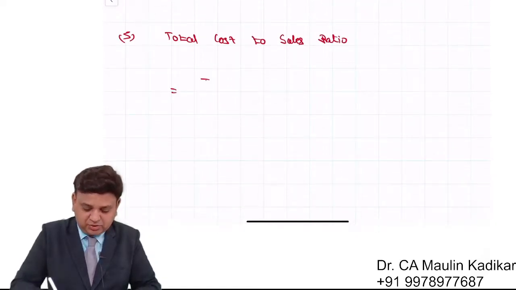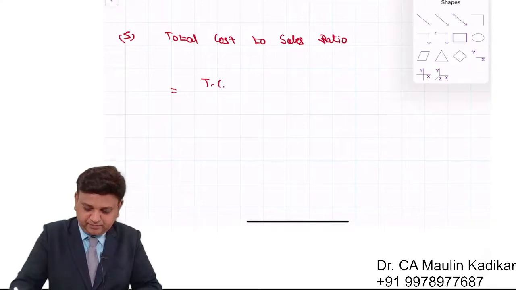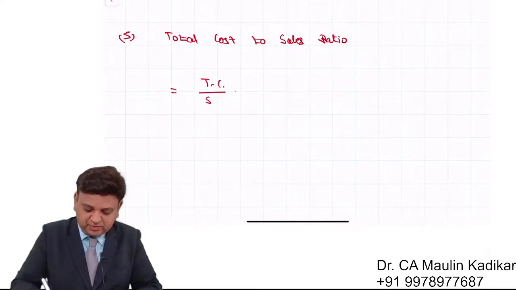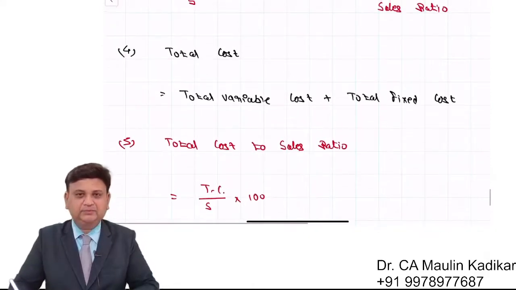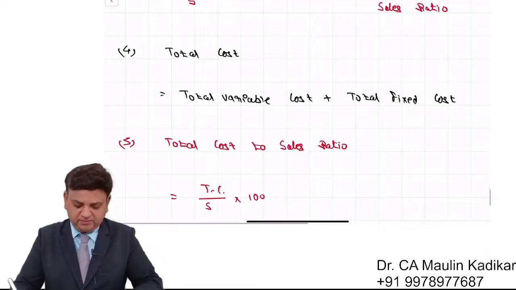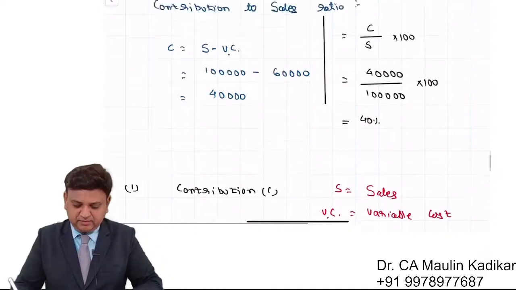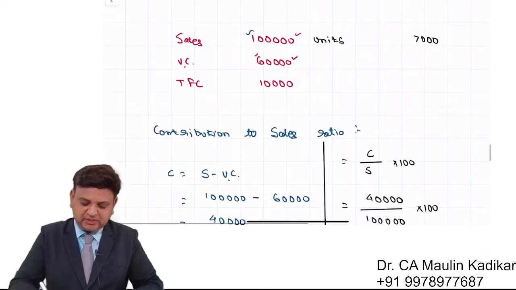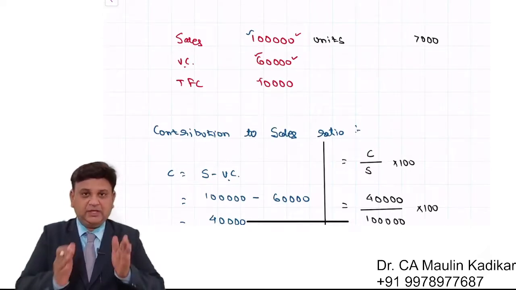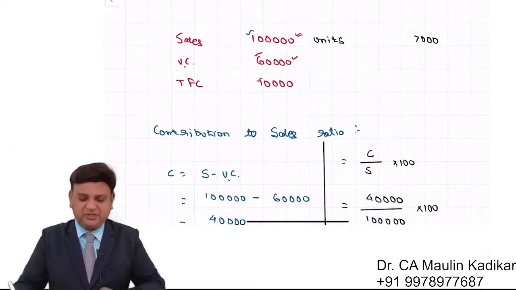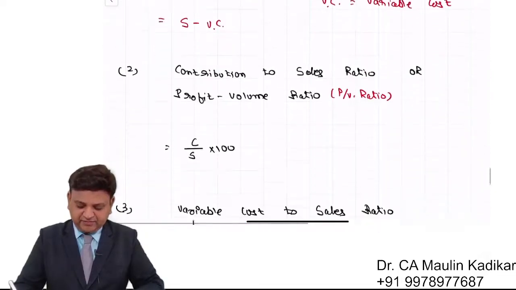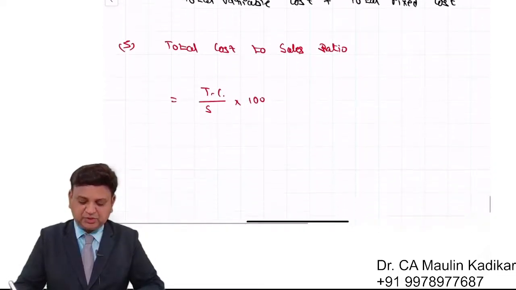In that it is total cost upon sales into 100. So basically, in the example which we are discussing right now, it is 60,000 plus 10,000. That is 70,000. 70,000 divided by 1 lakh into 100 comes to 70 percent. That is the way the total cost to sales ratio is calculated.